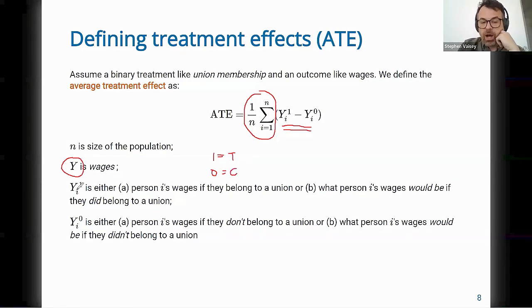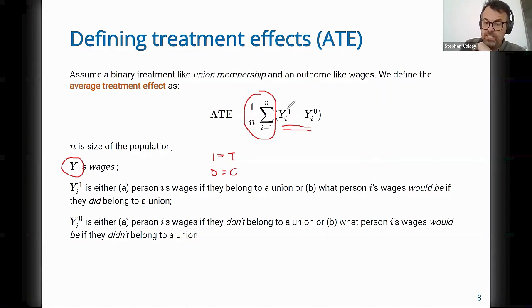And so the idea here is that Y_i superscript 1 is a person's wages if they belong to a union. So if they're treated, this is their actual wages. If I belong to a union, my value of Y1 is how much I actually earn. That's it. Simple. Or if I don't belong to a union, what Y1 means is what would my wages be if I did belong to a union?